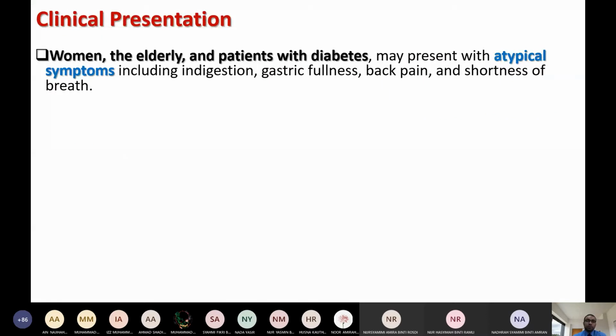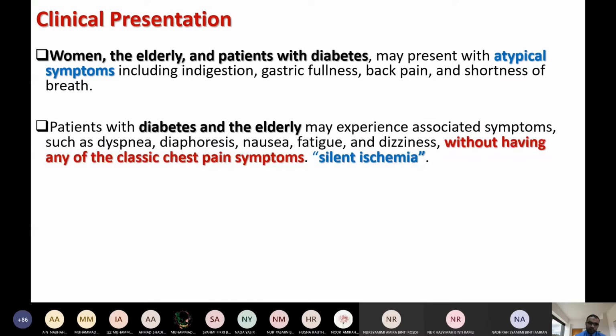Apart from this, when we talk about the characteristics, it is good also to know that some individuals can present with atypical symptoms. Atypical symptoms means just indigestion, gastric fullness, back pain, shortness of breath, that's all, okay? And atypical presentation is common among women, the elderly, and diabetic patients.